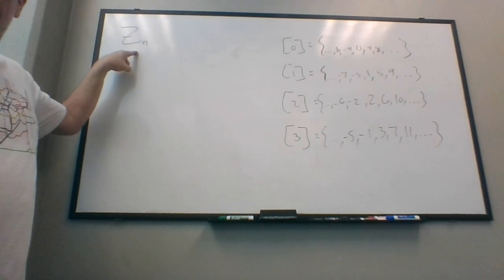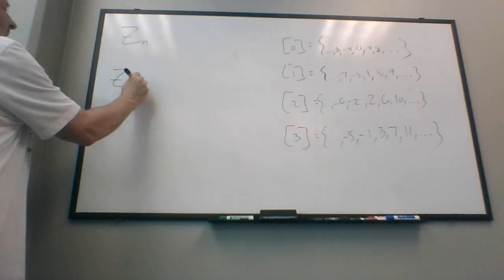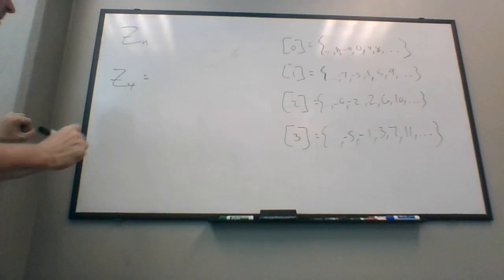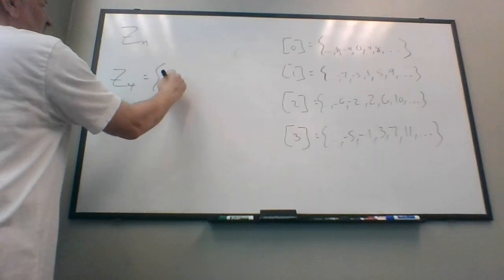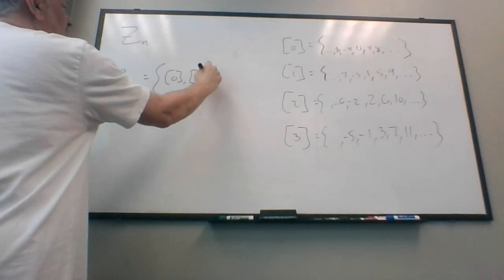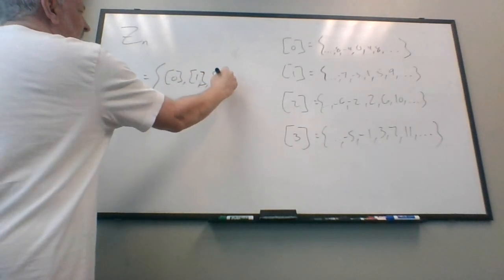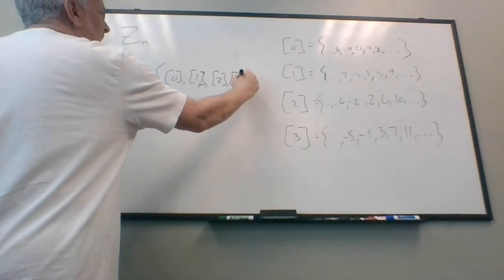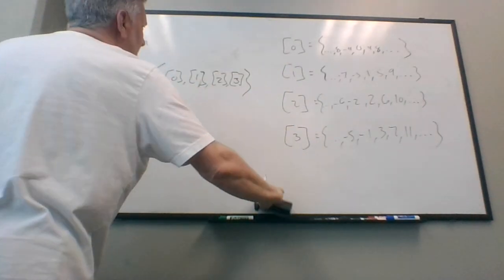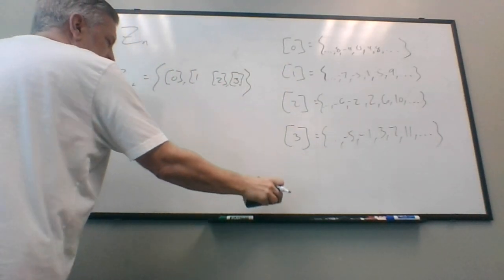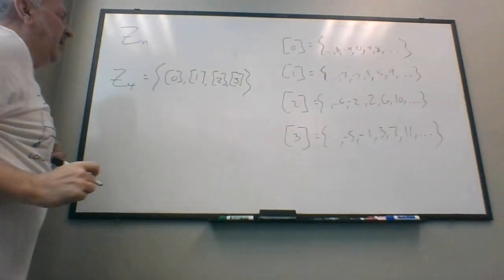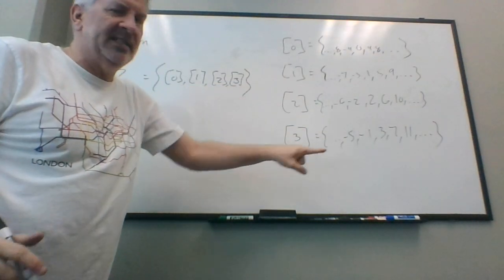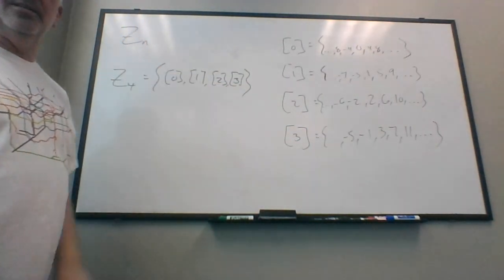So the example says, let's list all the classes for Z4. We just did. So it's the class with 0, the class with 1, the class with 2, and the class with 3. There's Z4. It's that right there. I'm not going to list all the elements, but we just did that. So Z4 are these 4 sets. So Z4 is a set of sets.